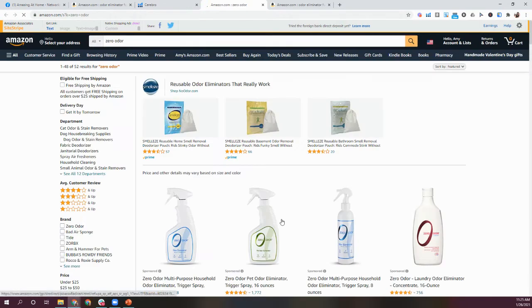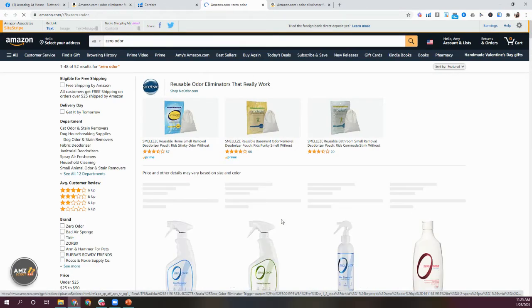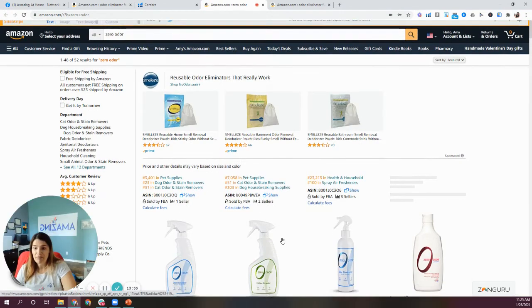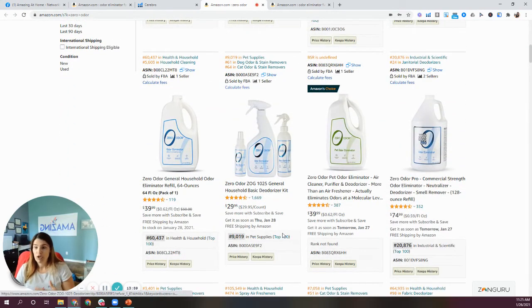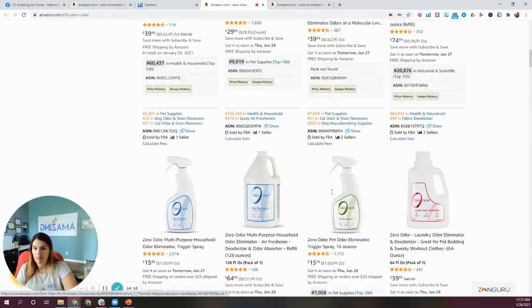And it also shows us where we have Amazon's choice badges. And Amazon's choice badges are given based on how well you write the listing to how relevant that product is to that keyword. So you can see this is Amazon's choice for zero odor. Well, it's because it's a brand name, right?